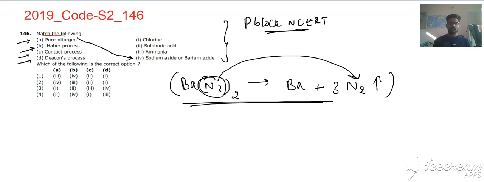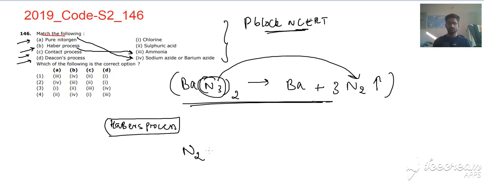Now I'll talk about Haber's process. Haber's process is used in manufacturing of ammonia, which is a very important reaction, in which N2 plus 3H2 gives rise to NH3. So here we see that all these are gases.